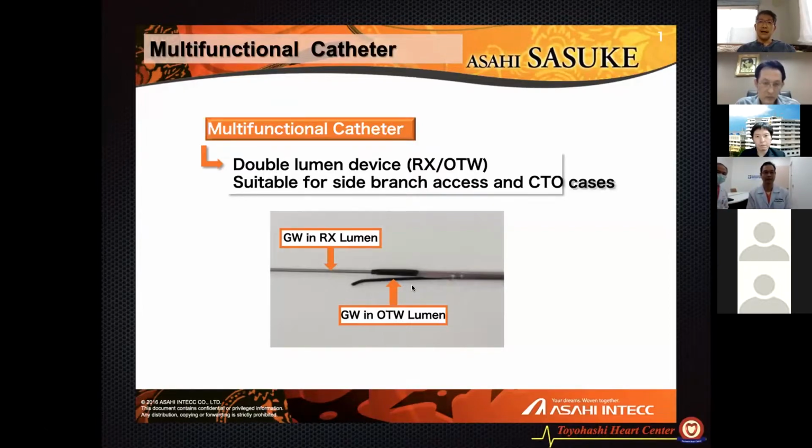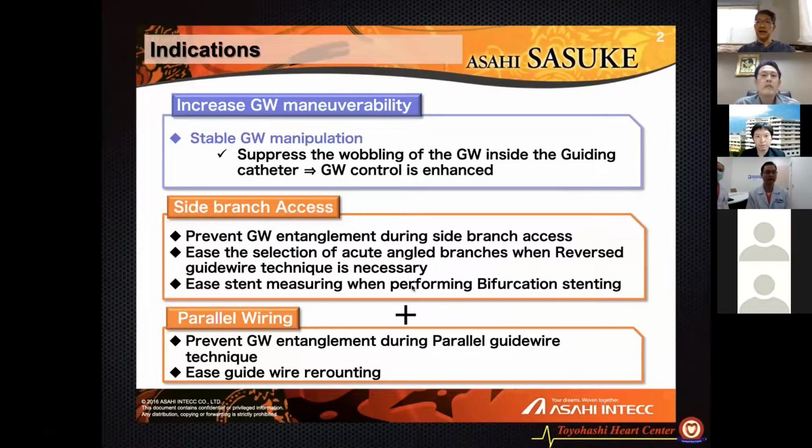And Sasuke helps to improve the accuracy of wire control in complex regions, like bifurcation or CTO, by stabilizing both the guide wire position and the microcatheter position in the vessel.